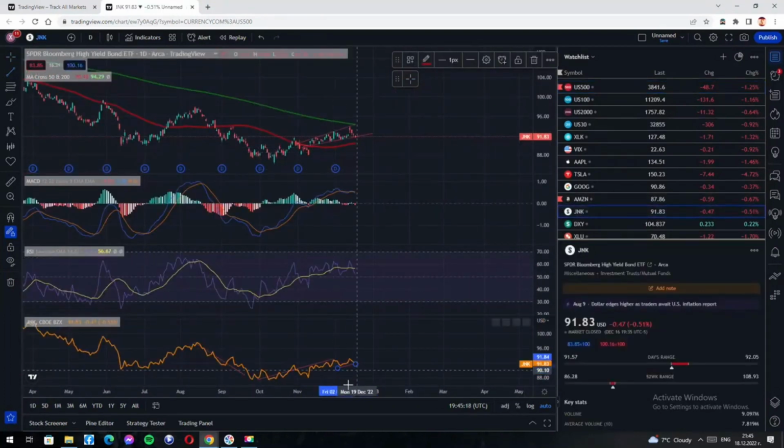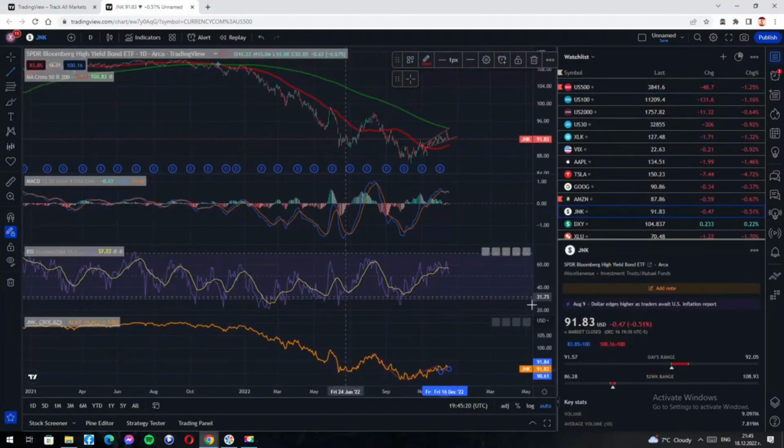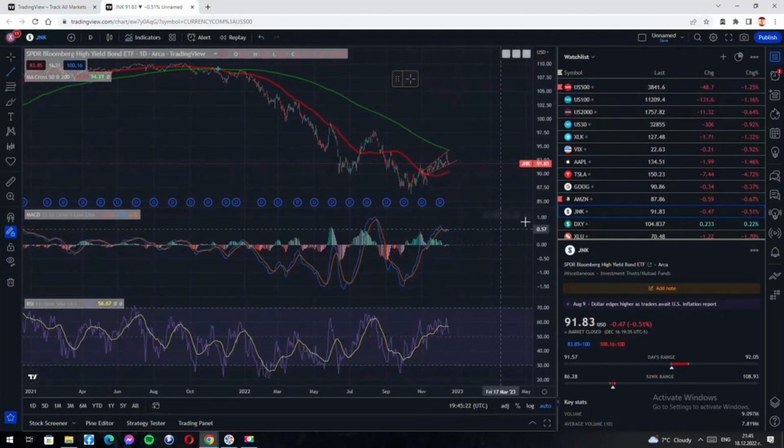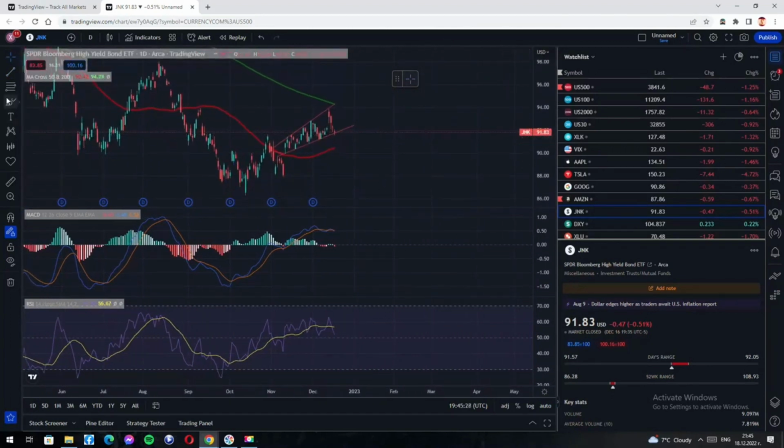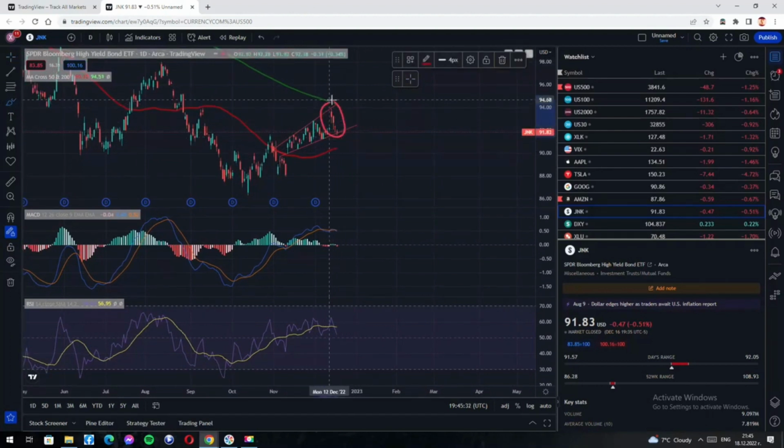Well, let's take a look at this chart. The JNK has been getting a higher low in this bullish wedge, while the S&P has been broken down. I believe what is happening is a big bull trap right here. I believe that we'll get a last bounce right here, and then we'll have a massive drop just to fill this gap right here.